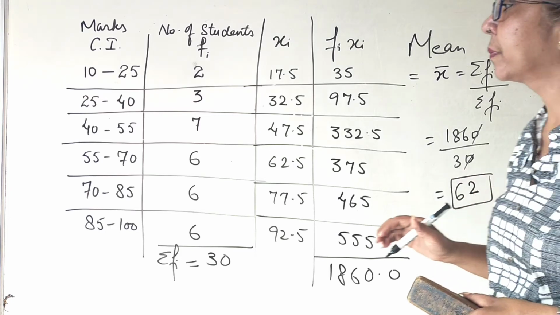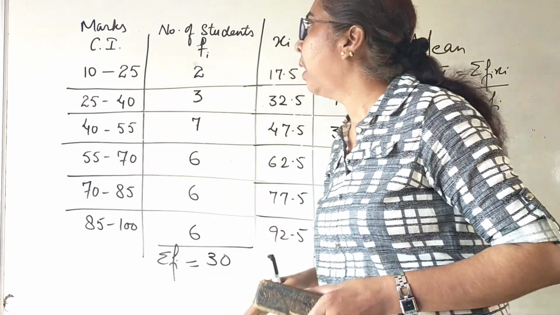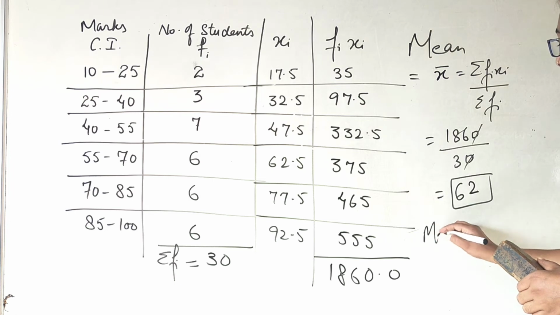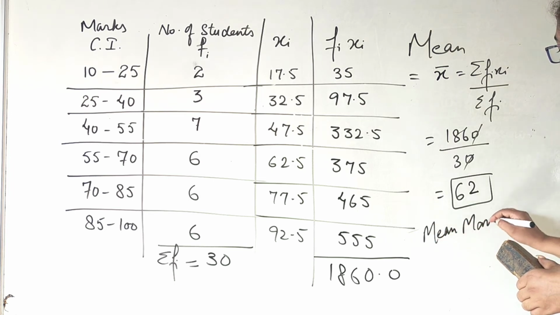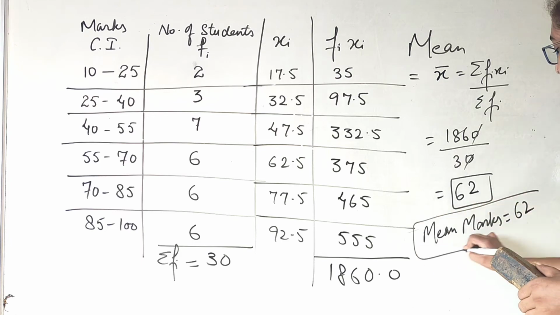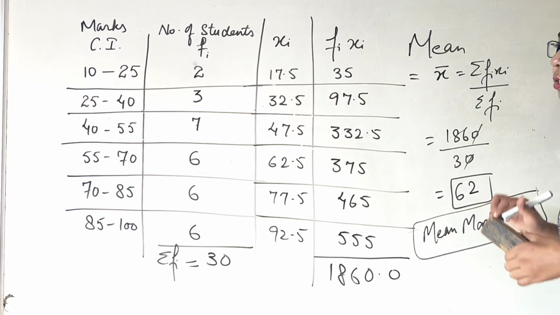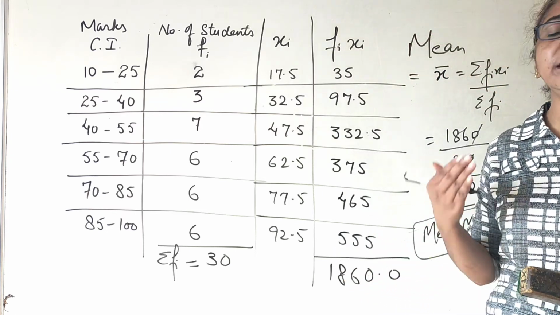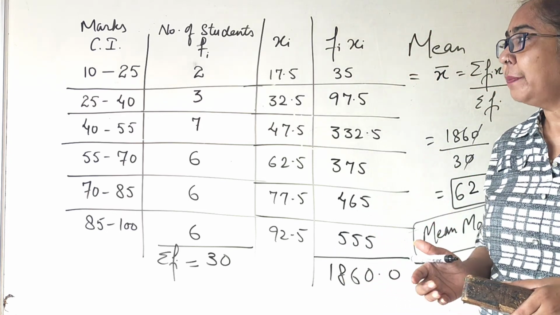That means somewhere over here our mean lies. So you can write that the mean marks is equal to 62. Right? So this is all about the direct formula for getting the mean. Okay? Thank you.